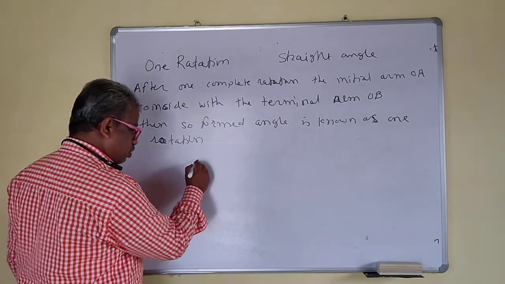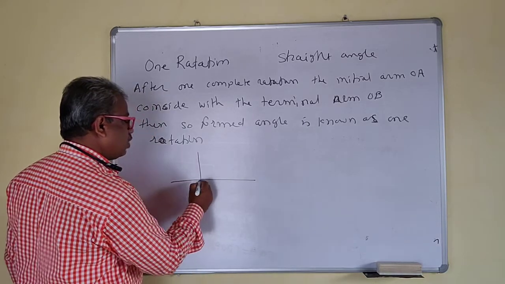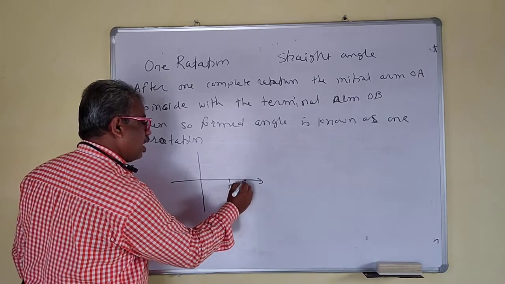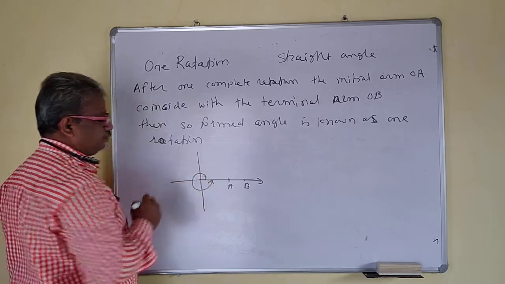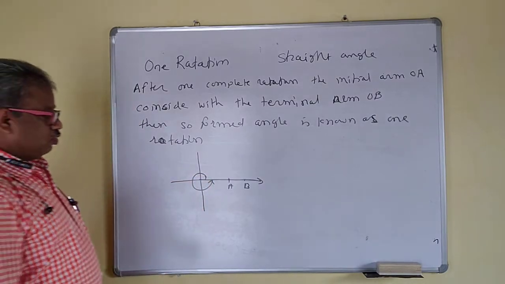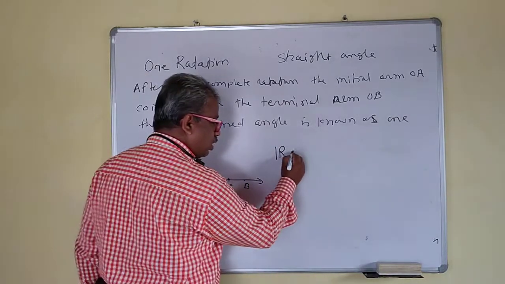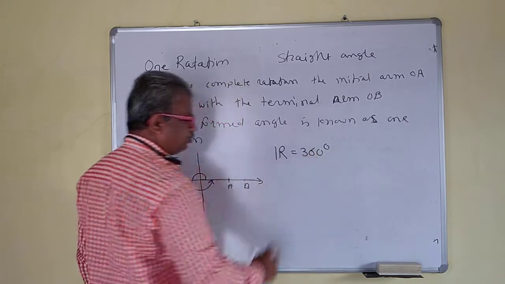So that means what? Just draw the figure. Okay. So suppose this is A and this is B. So one complete rotation. So one rotation, we'll write this as one rotation is equal to what then? 360 degree.